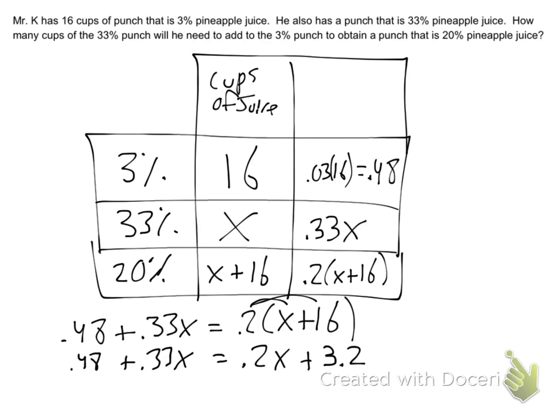And now, solve for x. What's smaller, 0.48 or 0.2? So subtract 0.2x. Careful, wrong spot. Since I'm moving the x's to the left, that means I want to get the numbers to the right.